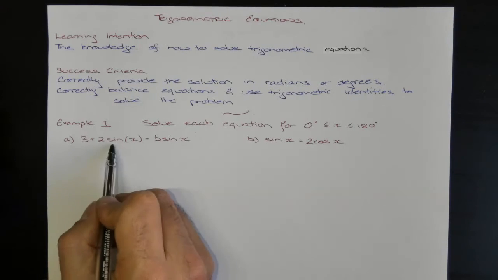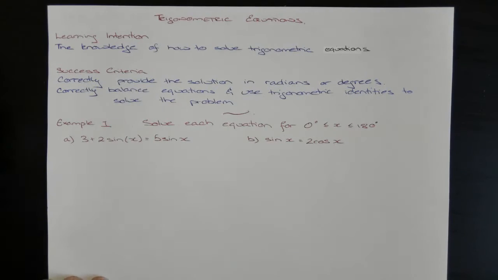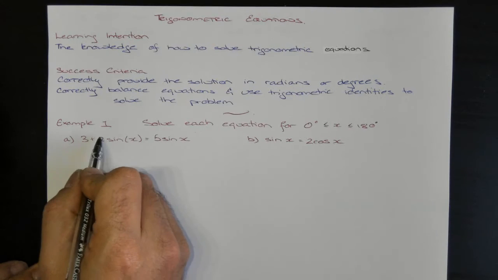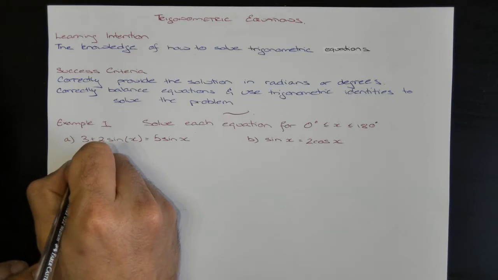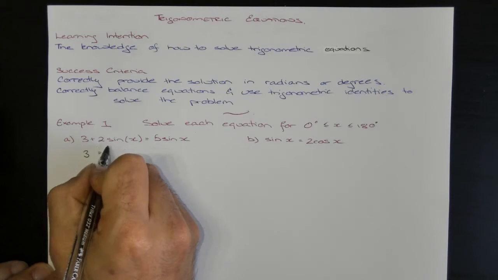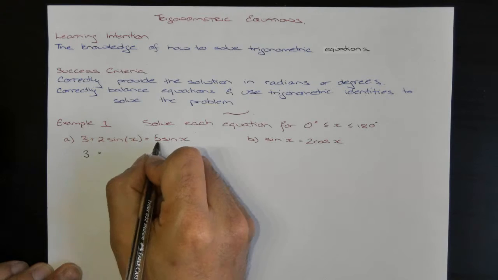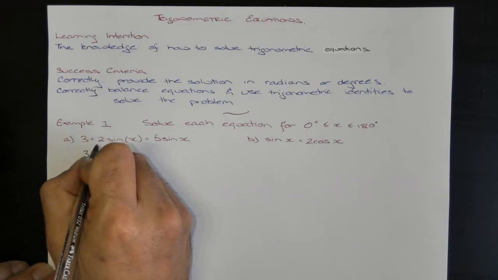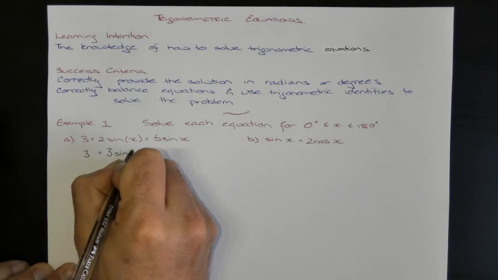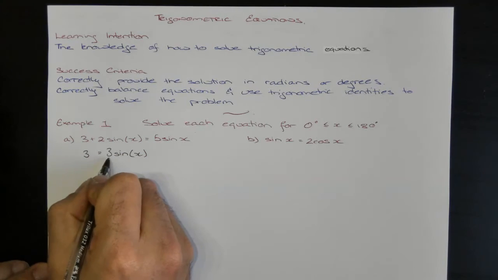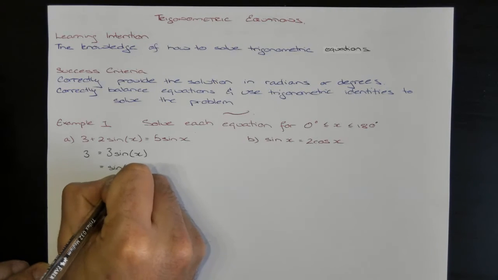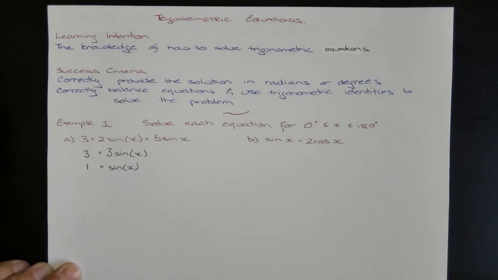They're both in the same function, so I'm going to bring this 2 sine x to this side, and using my algebraic techniques, I'm going to subtract 2 sine x from both sides. So 5 sine x minus 2 sine x is 3 sine x. I'm now going to divide by the coefficient of 3. So I get sine of x equals 1.